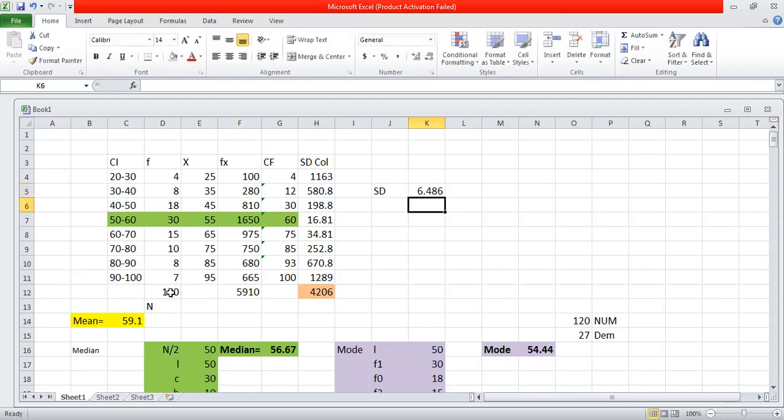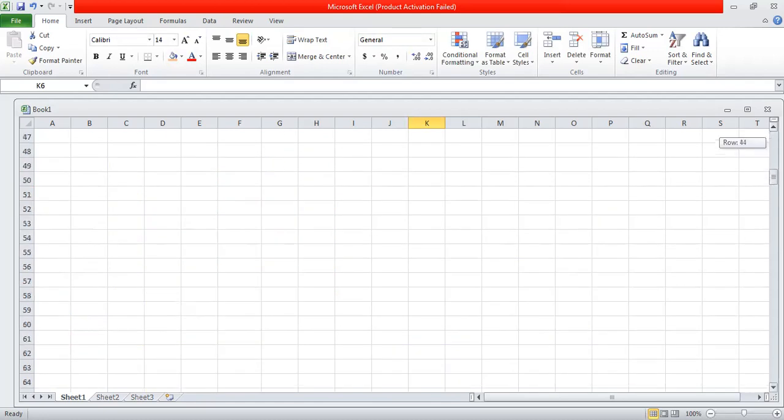Now close the bracket. We get the standard deviation as 6.468. So in this way, we can find out the standard deviation. So measures of central tendency and measures of dispersion are completed.